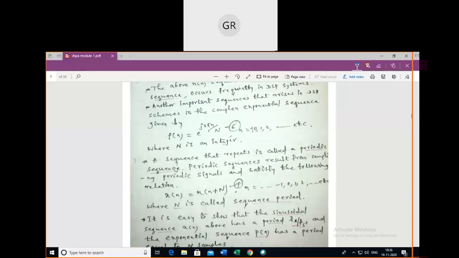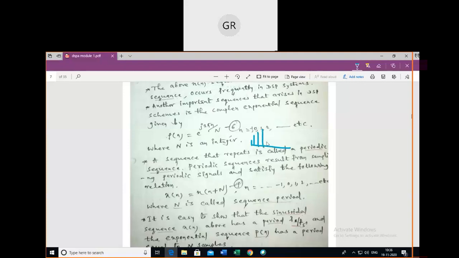One more sequence: a sequence that repeats is called a periodic sequence. Periodic sequences result from sampling periodic signals and satisfy the following relation: x of n is equal to x of n plus N. What is a periodic sequence? For example, consider 1, 2, 3, 4.